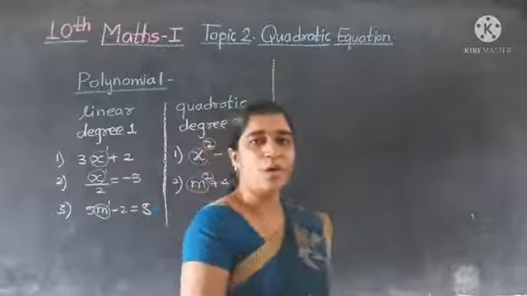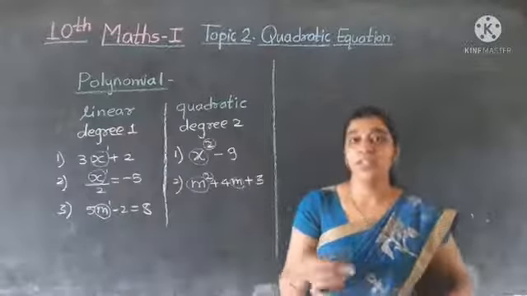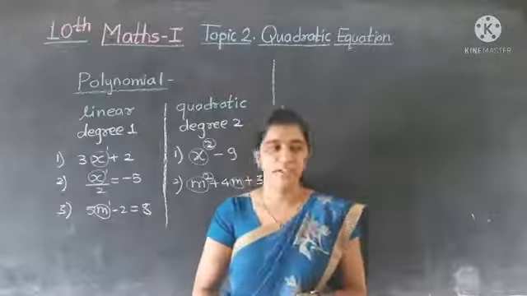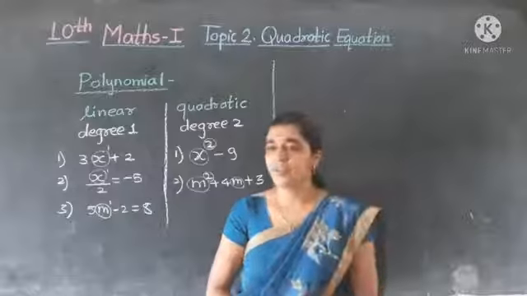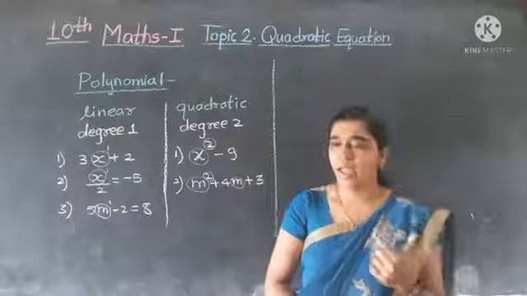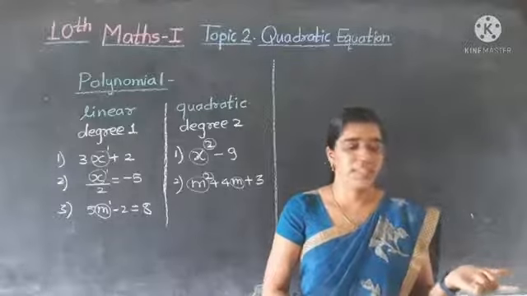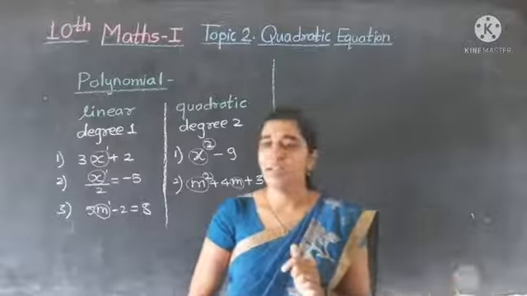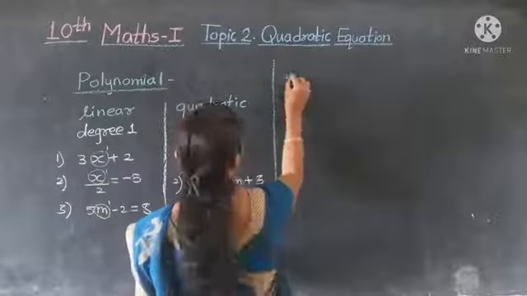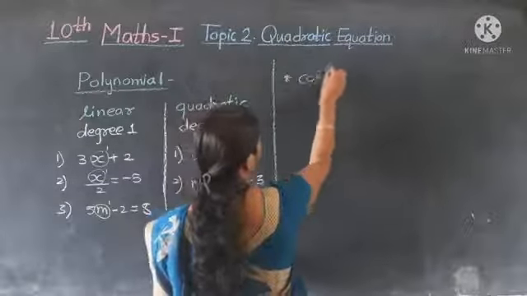Also, you know how to write a polynomial in coefficient form. You had already learned this in 9th standard. If a polynomial is given, we write it in standard form and index form, and we write it in the coefficient form.